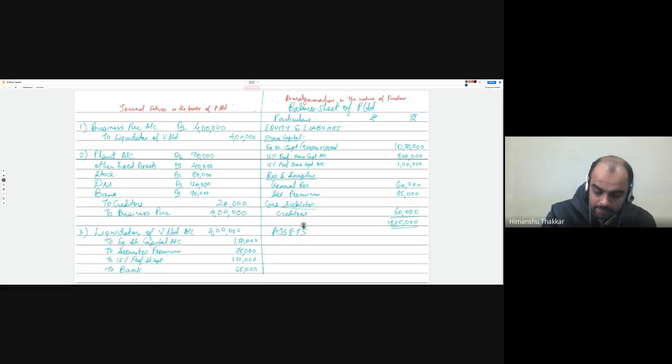Under assets, we get the non-current assets heading. As I said, you can make working notes for each item of the balance sheet. So plant and machinery: 5 lakh plus 90,000, that is 5 lakh 90,000.